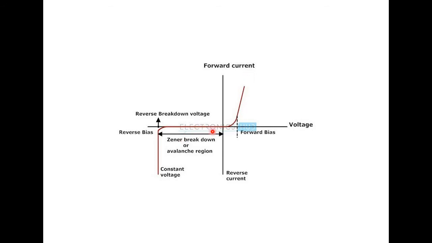If you see the Zener diode characteristics in reverse bias, then you can observe at first for a long time there will be zero amount of current. If you increase the voltage of Zener diode in reverse biasing, at first there will be zero current. Then there will be one point from where there will be an increase in the reverse current, and after that point there will be a huge increase in the current.